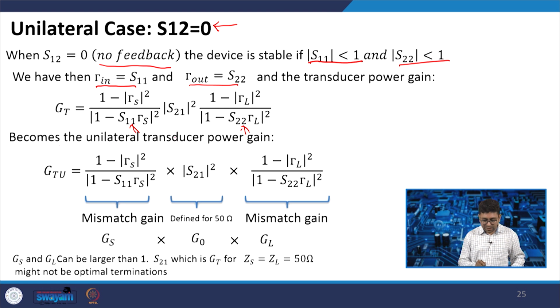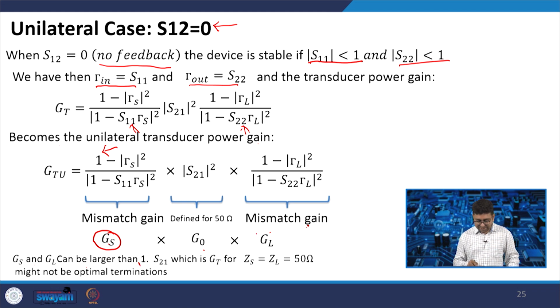This becomes the unilateral transducer power gain at the source side, because this will provide the gain at the mismatch at the source side, that will be mentioned as GS. This is defined for 50 ohm, that is the transistor gain S21 squared, that is G naught, and this is the mismatch gain at the load side, that is GL. So here GS and GL can be larger than 1.